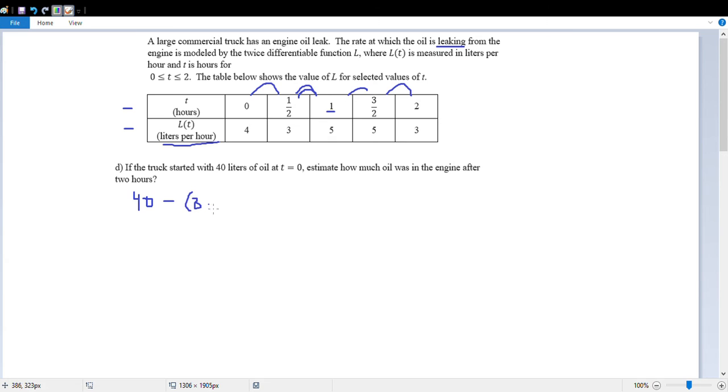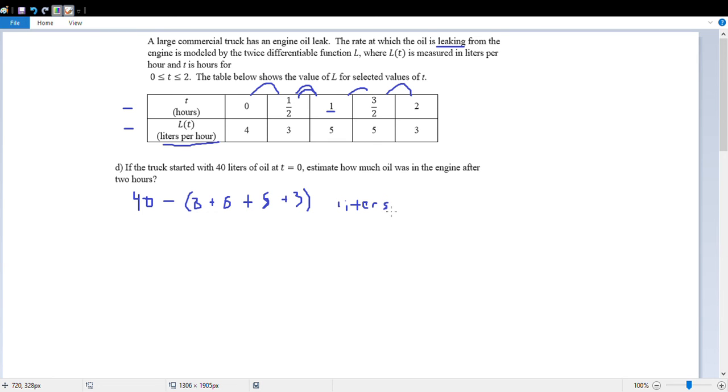Now we'll put that in parentheses, make sure we do it first, right? 3 plus 5 plus 5 plus 3, because that's our right Riemann sum approximation for the total amount that leaked. And so 40 minus that amount, because it's leaking, it's decreasing, that's going to give our answer for how many liters are currently still in the engine.